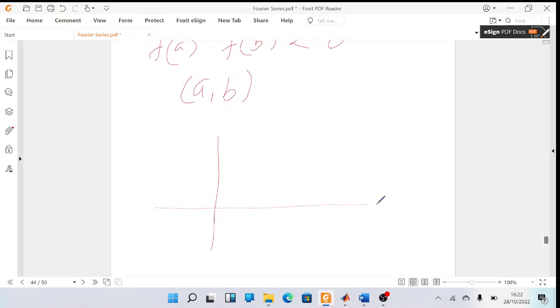What this says is that if we draw a graph of y = f(x), we know that the root of the equation f(x) = 0 will be the point where y is 0, that is, the value of x at this point.